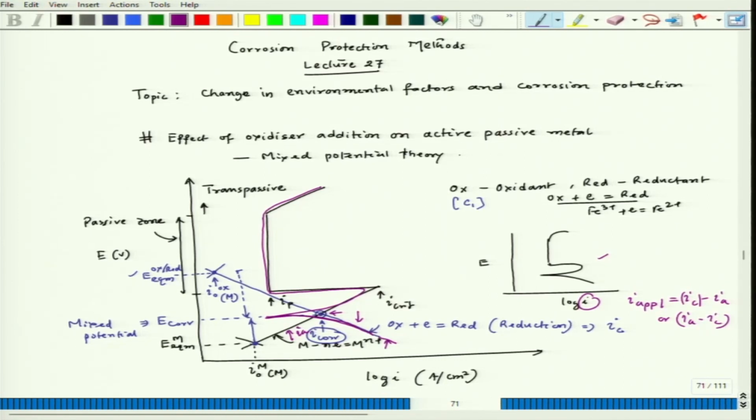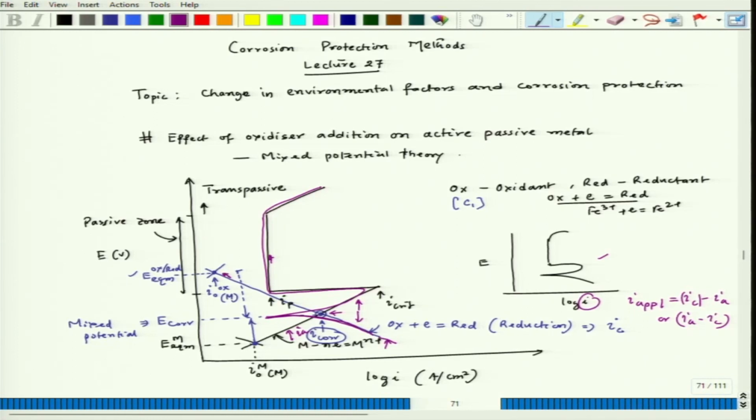Okay. Now, if I go on top of it, it will be just the reverse, where I applied would be IA minus IC, because this is my IC and this is my IA, and like that way things will move on.